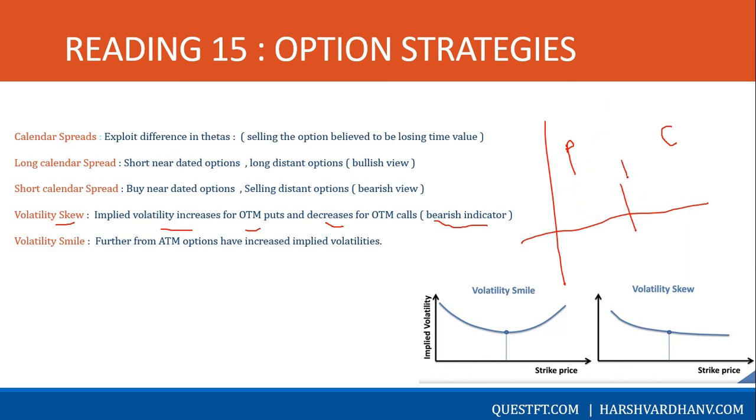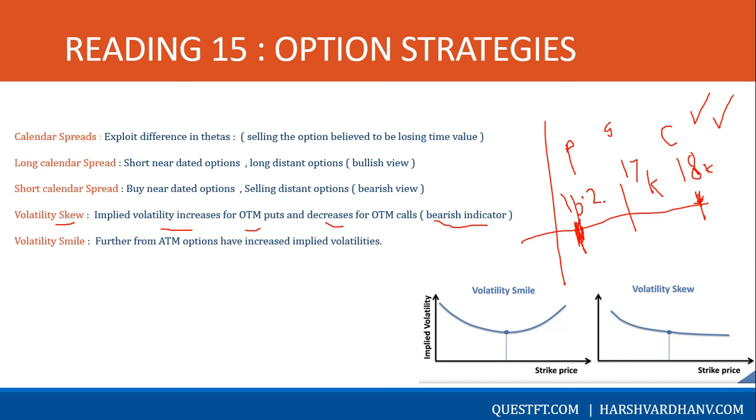And suppose the market is trading at 17k right now, and suppose 16.2k is the strike at which the maximum puts are bought, and 18k is the out of the money strike where the OTM calls are. Now, if in the option chain I see a lot of contracts being bought at this level, which is highly out of the money, 800 points from the current spot price, and at the same time I see long unwinding over here, I see call option writers and call option buyers running from here.